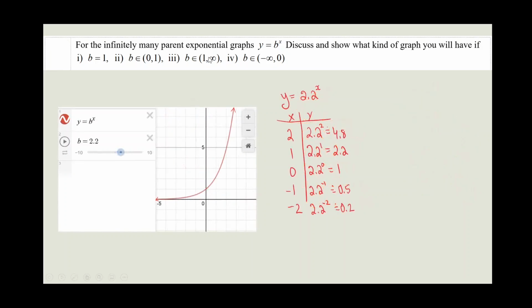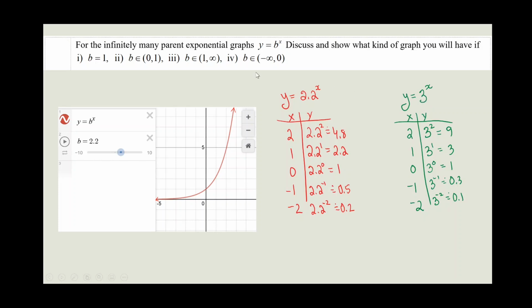Let's move on to another type. If the base happens to be bigger than 1. This particular one done on Desmos is base 2.2. These are the numbers that you could use, and those numbers match exactly to this graph already shown. For comparison's sake, I'm going to do another one, 3 to the power x.